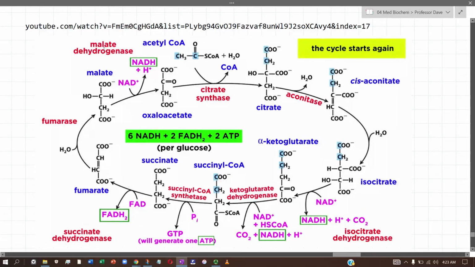Remember, it begins right here with acetyl-CoA and oxaloacetate being incorporated. Then you go around, and the cycle regenerates oxaloacetate, as noted here, and it just keeps going in a circle, hence the name cycle.